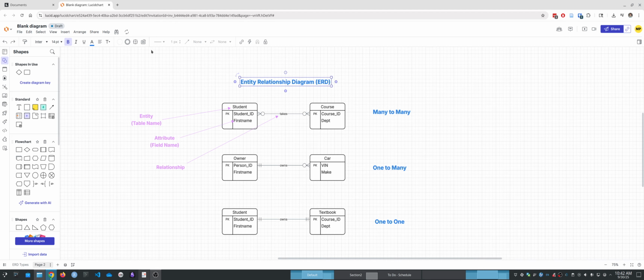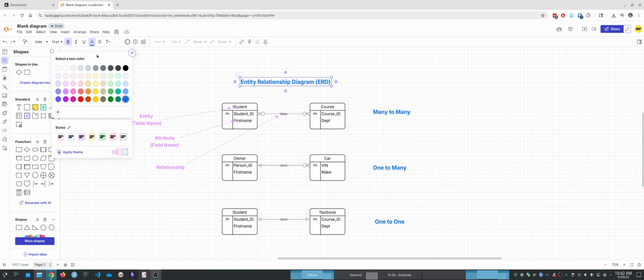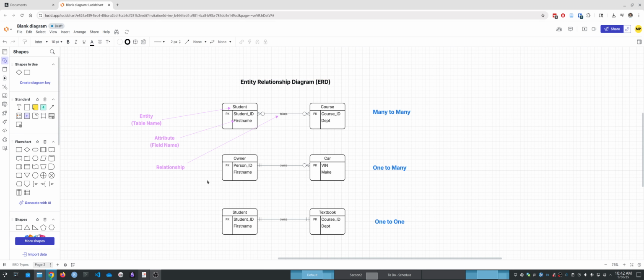An entity relationship diagram is just all about diagramming the relationships in a database. Sounds pretty trivial. And there's basically three parts that you're going to want to keep track of.